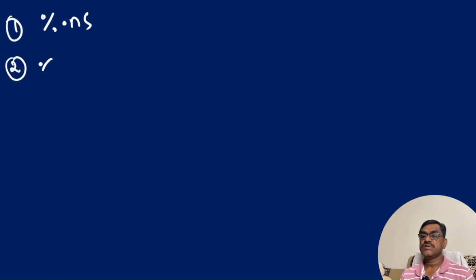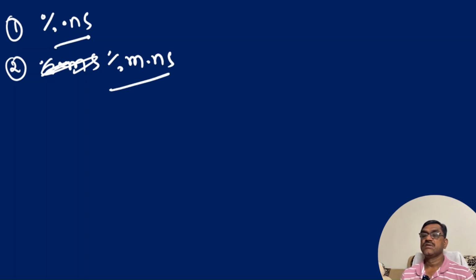After this, we are going to use some format specifiers, like percentage dot ns. This is one important format specifier. We also use a second one, percentage m dot ns. What is the difference between this and this?